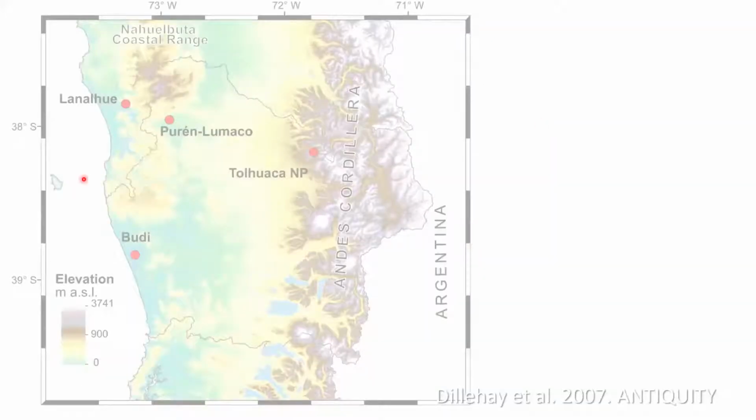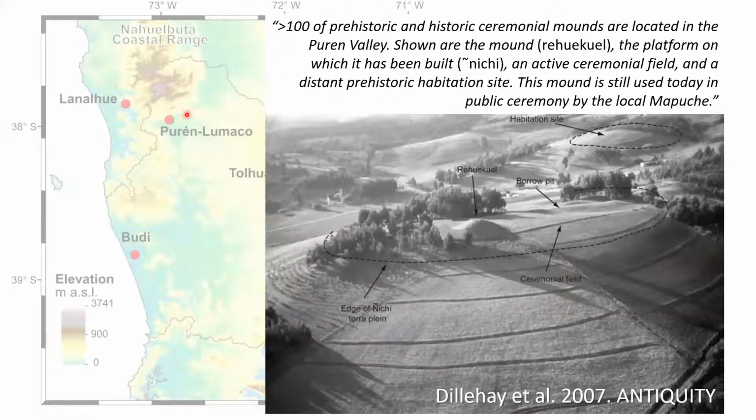If we move inland to the Purén-Lumaco Valley, we find the most complex interaction between humans and their landscape, documented in more than 100 ceremonial mounds they call kuel. Here you can see the rewe kuel. Every kuel has its name, and they are still in use by the Mapuche communities during some special ceremonies.